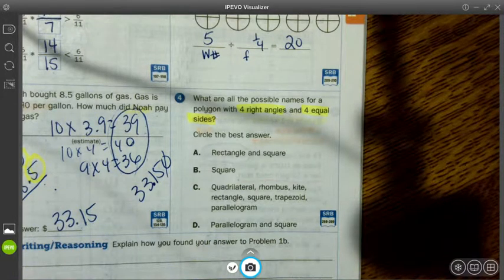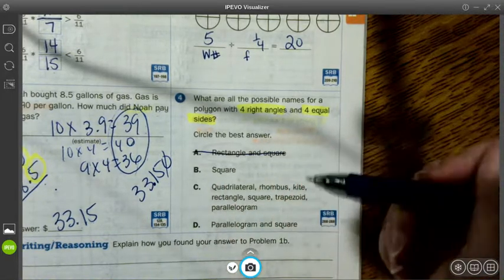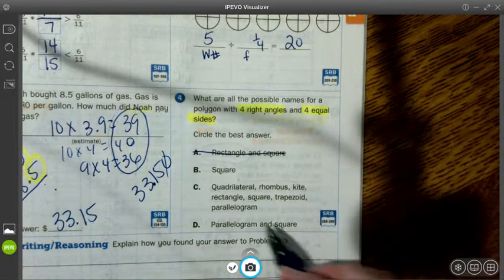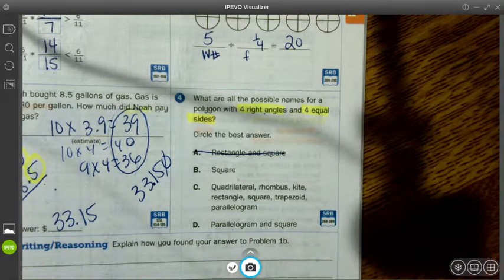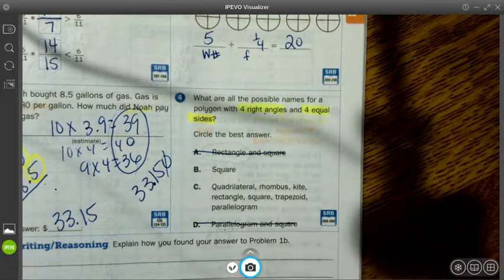Okay, so hopefully you were able to eliminate some. Rectangle obviously doesn't have 4 equal sides, even though it does have 4 right angles. Parallelogram might have equal sides, but not 4 right angles, so you could eliminate those 2 answer choices.